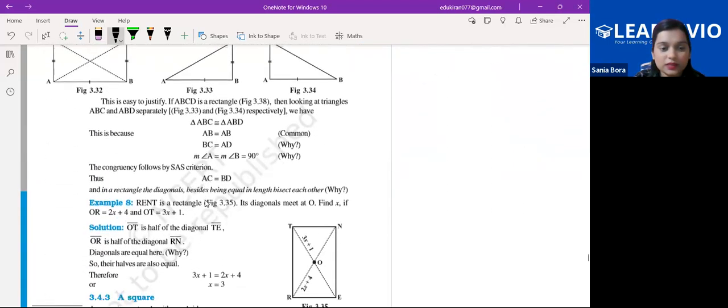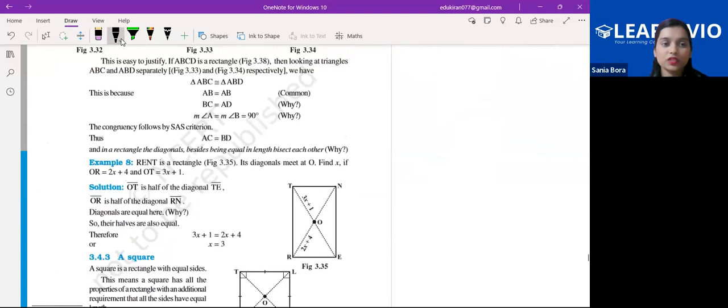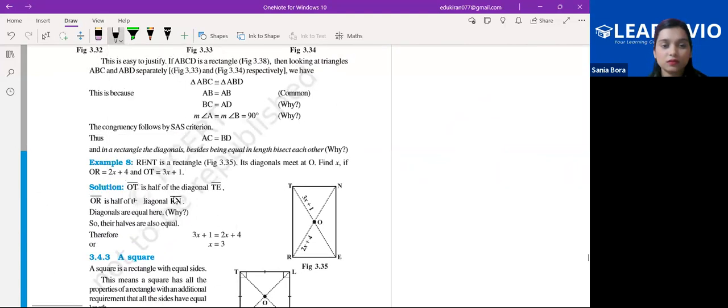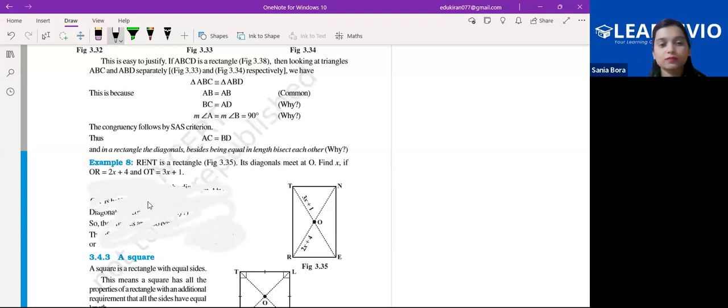Let me just erase it first. Everyone start doing this. It is a rectangle, this one. If its diagonals meet at O, find X, if OR is equal to this and OT is equal to this.